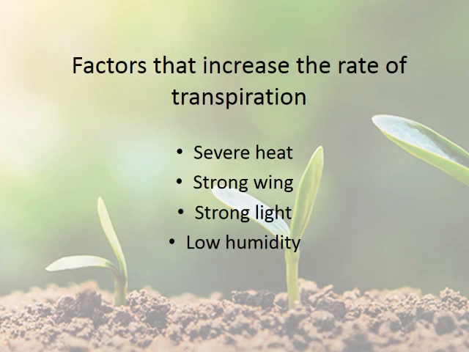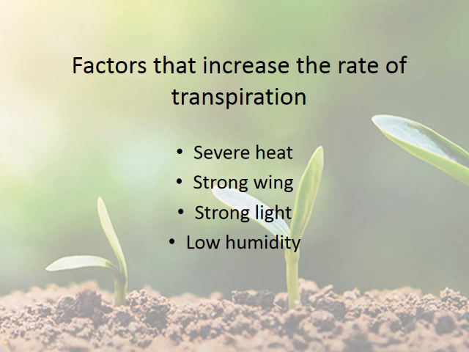So next, what are the factors that increase the rate of transpiration? There are 4 factors: severe heat, strong wind, strong light, as well as low humidity. When we explain these 4 again, we need the memory of osmosis.